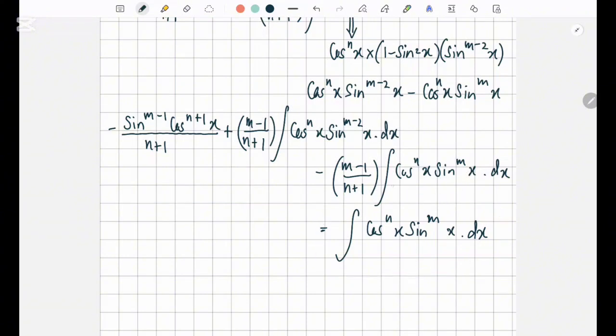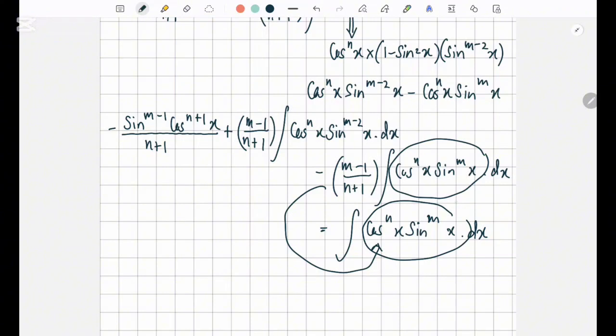So you can see we can take this onto the other side, right? You can see they're similar terms, so you can take them onto one side.